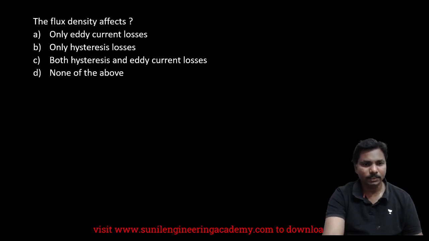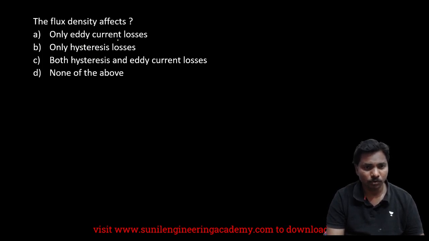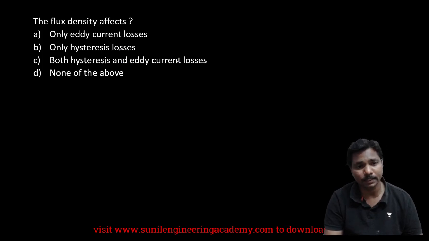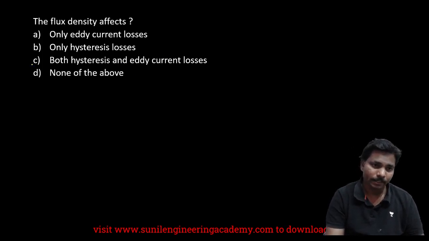The flux density affects dash. Very important question, guys. Flux density affects only eddy current losses, only hysteresis, both hysteresis and eddy current, or none of these. It affects both hysteresis and eddy current.